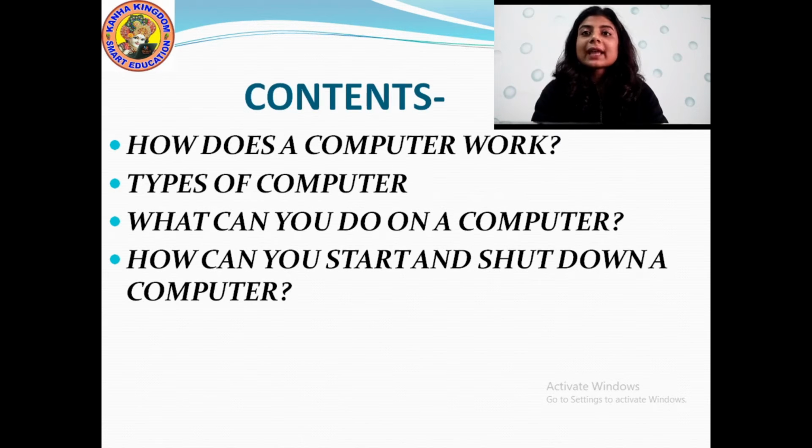Then what can you do on a computer? What are the things that we do on the computer? Okay. Then how can you start and shut down a computer? How will you start a computer and how will you shut down the computer after you have completed working on the computer?